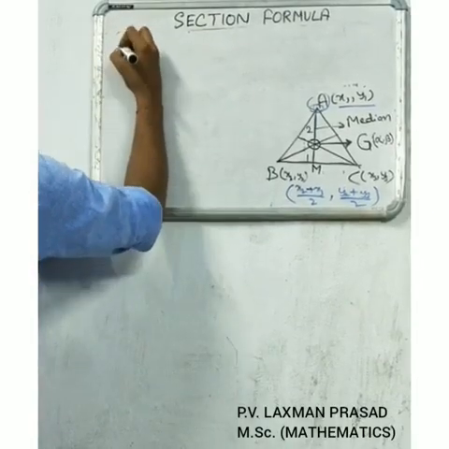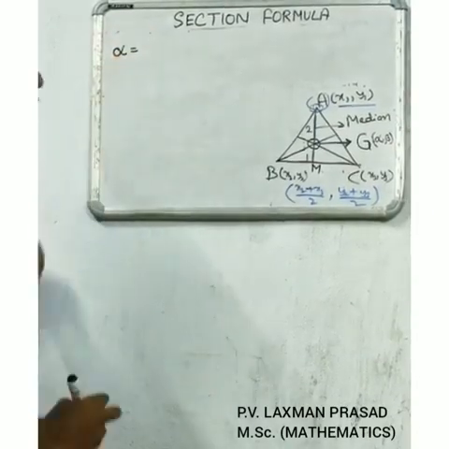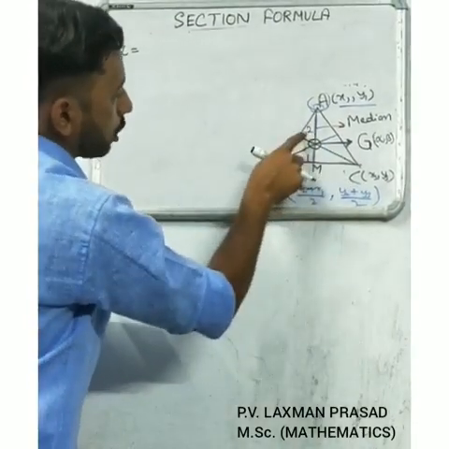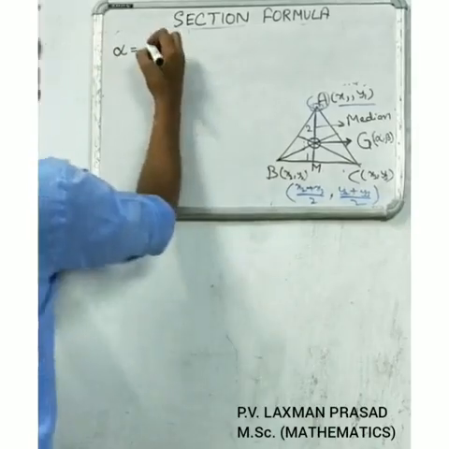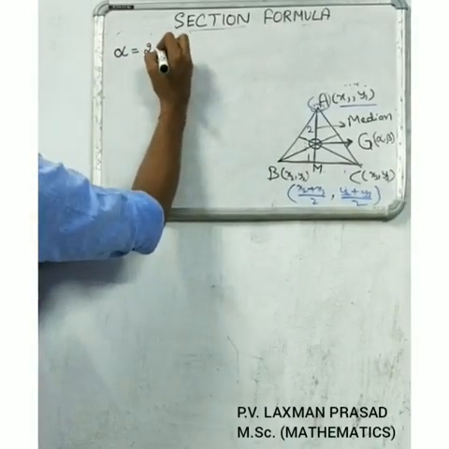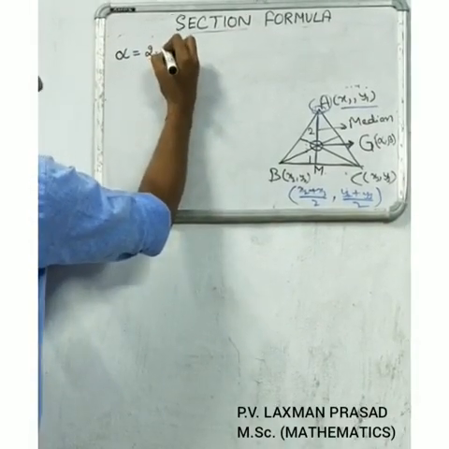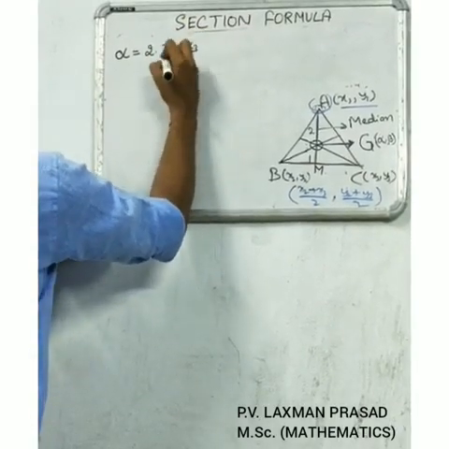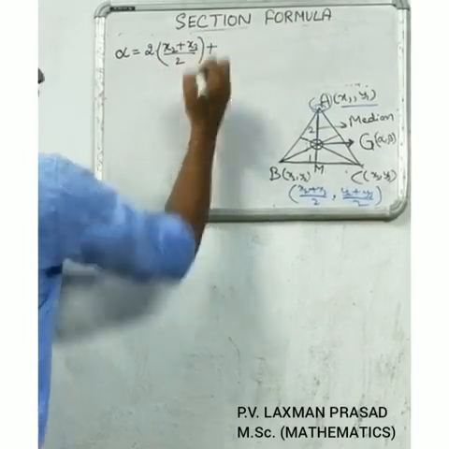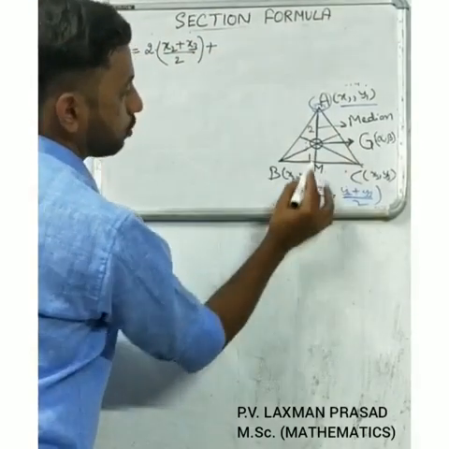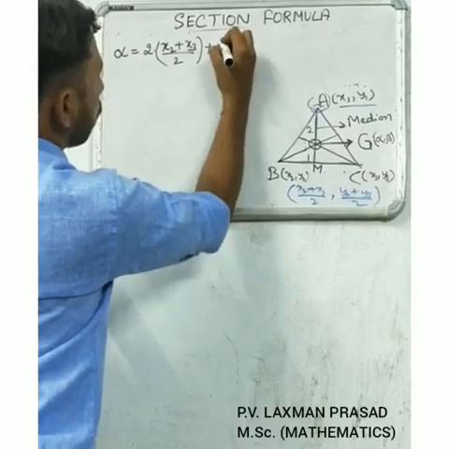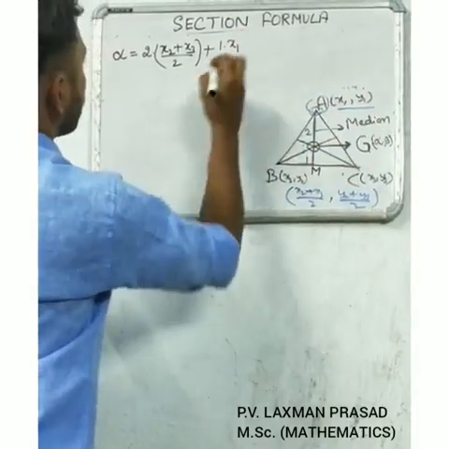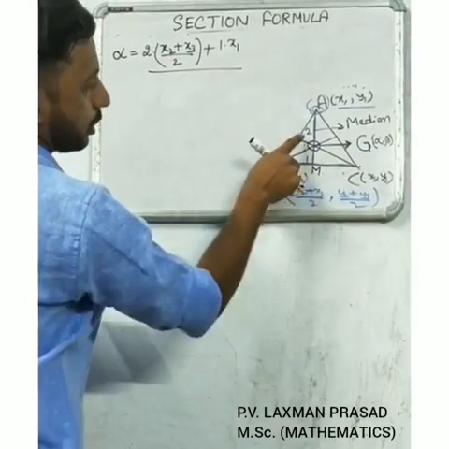What is alpha then? Alpha is the x coordinate of this point G. This must be equal to (2 times (x2 plus x3) by 2, plus 1 into x1) by the sum of the ratio 2 plus 1.